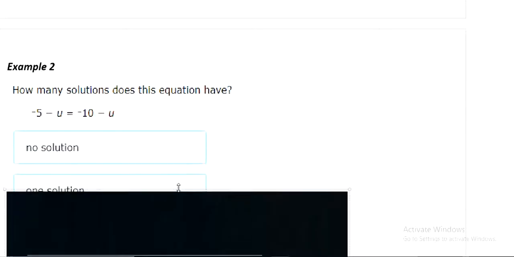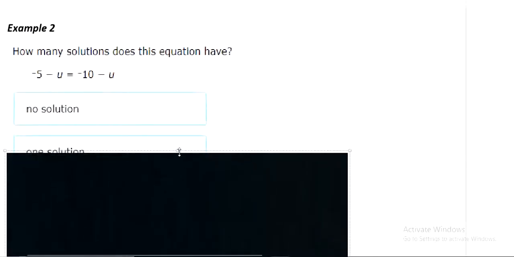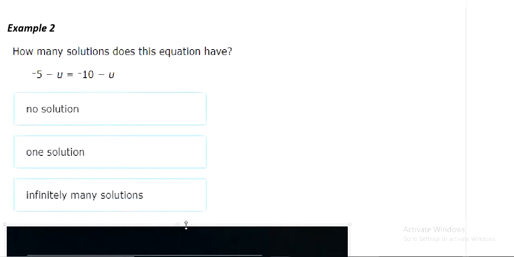So example 2. Example 2 again asks us, how many solutions does this equation have? So this equation, it kind of looks just like the other equations we have. We have a u. We're going to determine the number of solutions it has by solving for u. So we'll do everything we're really used to doing.